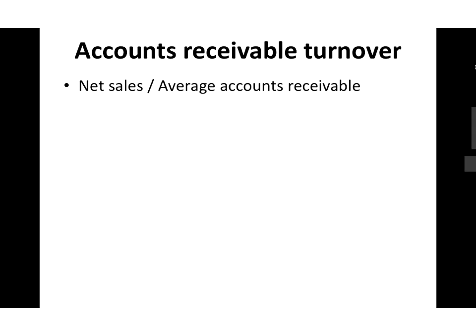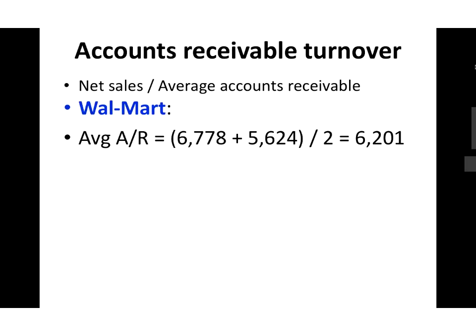And again, there's that word average. So when we have the word average, we're looking to see, are we given last year and this year accounts receivable? And we are, so we'll take the 2, divide by 2. So Walmart, average accounts receivable, this year's receivable, 6,078, last year's 5,624, divide by 2, so we get the average receivable.